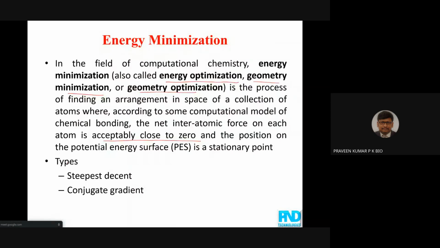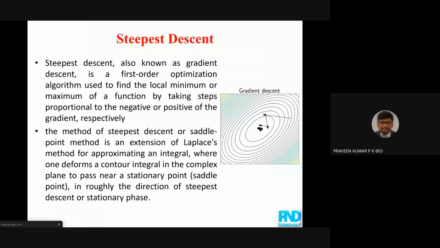If you see energy minimization, it is majorly classified as steepest descent and conjugate gradient. Steepest descent, also known as gradient descent, is a first order optimization algorithm used to find a local minimum or maximum of a function by taking steps proportional to the negative or positive of the gradient respectively.